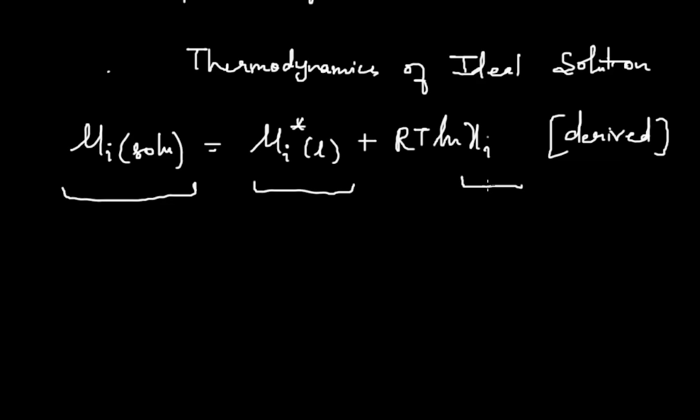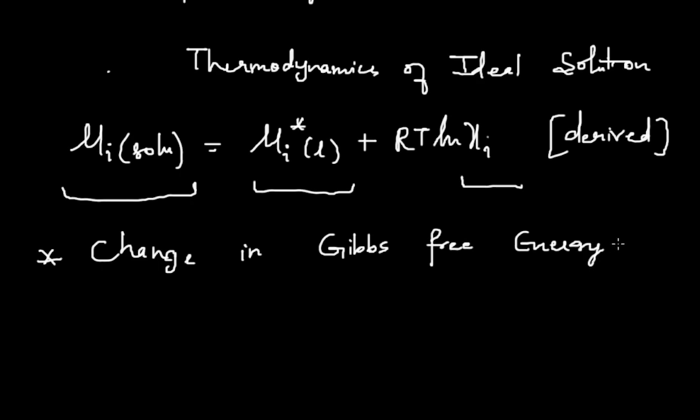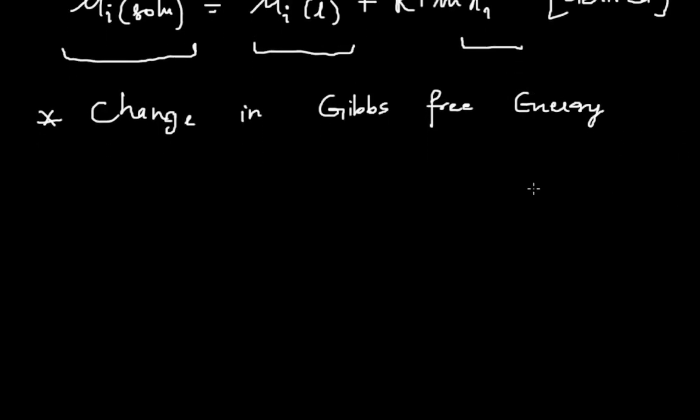Now the changes in the thermodynamic functions when an ideal solution is formed by mixing pure components can be readily calculated as described below. First we will calculate the change in Gibbs free energy. Delta mix G will be equal to G final minus G initial. So what is G final?